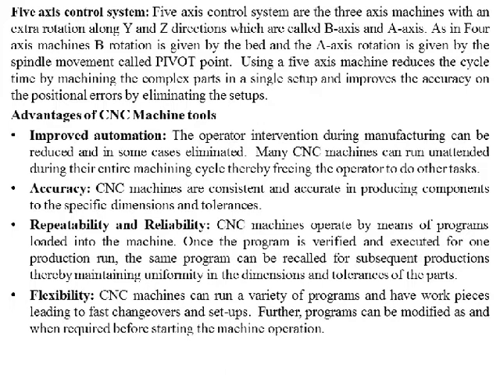The third advantage is repeatability and reliability. CNC machines operate by means of programs that are loaded onto the machine. Once the program is verified and executed by the programmer, the same program can be recalled any number of times for subsequent production.